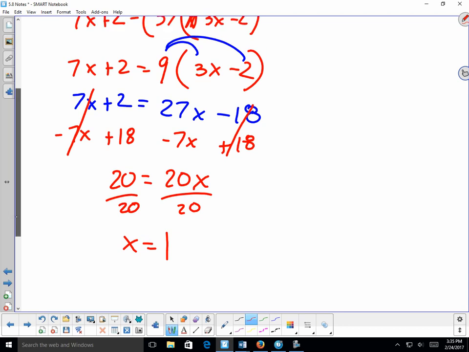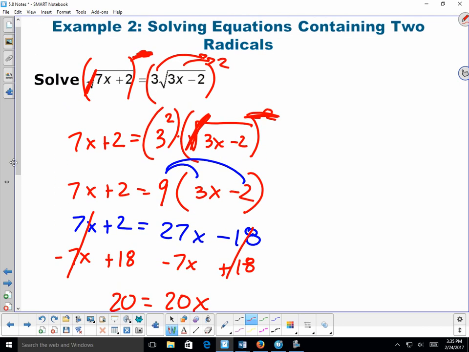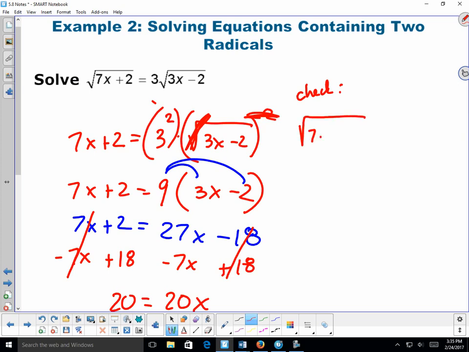Let's check and see if 1 is a solution for our original equation. Let's bring back our original equation here. And if I plug in 1, I get, our check, I get 7 times 1 plus 2. Is that equal to 3 times the square root of 3 times 1 minus 2? We could enter this in the calculator, but it's probably easier just to do this by hand.